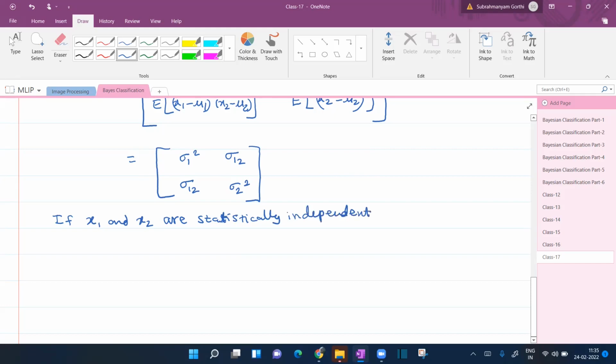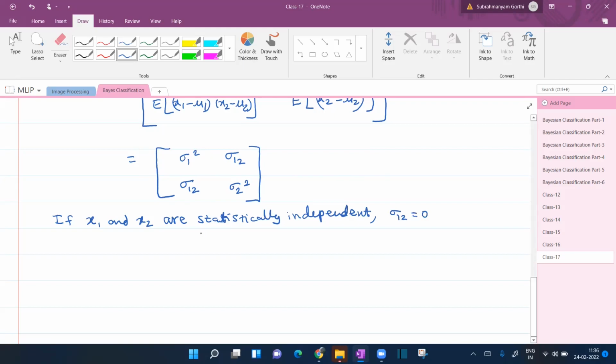any idea on what would happen then? If they are statistically independent, can you guess what would happen to some of the elements of this covariance matrix? Sigma 1 2 becomes 0. Correct. Sigma 1 2 will become 0. This is also very easy to prove. I leave that part to you.